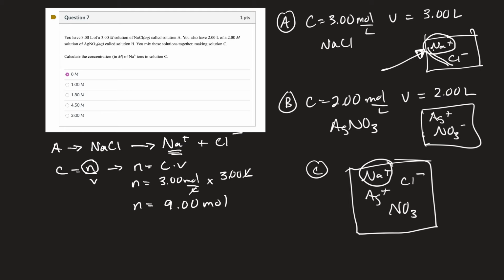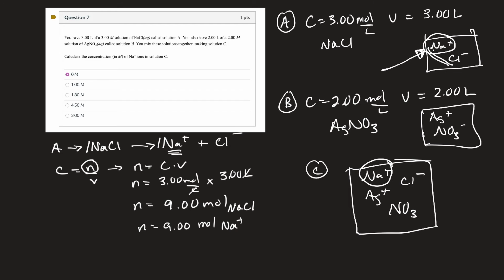That's how many moles of sodium chloride I have, to be technical. And since the ratio here is 1 to 1, this would be the number of moles of sodium chloride, but it'll also be the number of moles of sodium ions. Okay, it'll be the same.